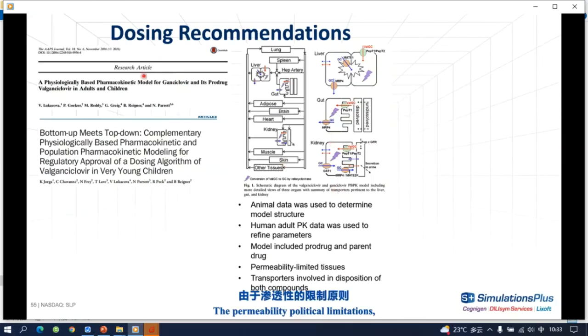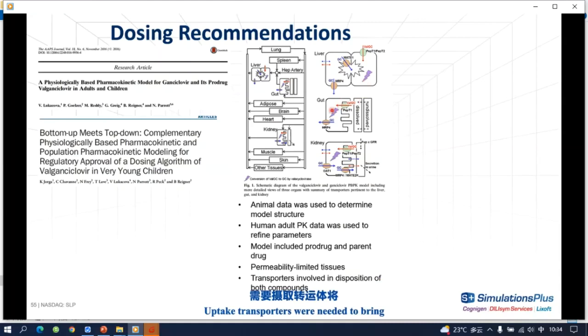The permeability limitations, especially for the parent compound ganciclovir, mean that all permeability-limited tissue models have been used. And transporters are involved in the disposition of both compounds.